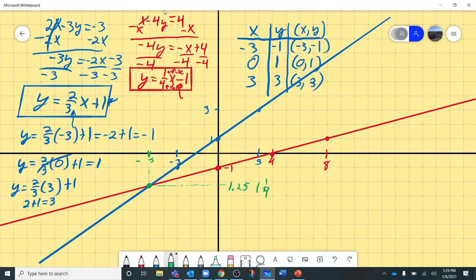But if you're trying to find the exact answer in a case like this, you're not really going to get it from a graph. Okay, so that's going to be the end of this video, and then I'm going to do another one that talks about how to solve these using algebra.